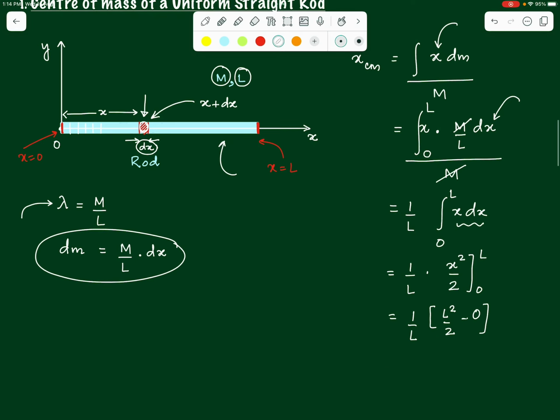One L will cancel out and the final answer that we will get will be L by 2, which is the x coordinate of the center of mass of this rod. This is the result that we are looking for.